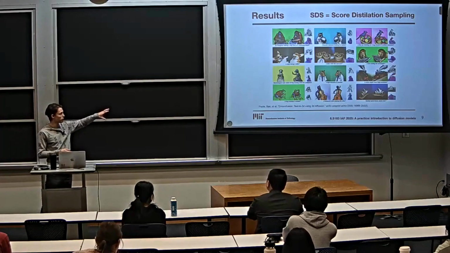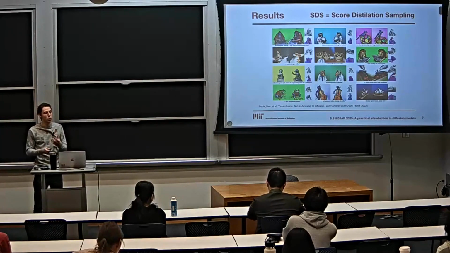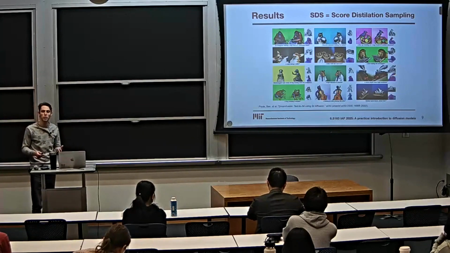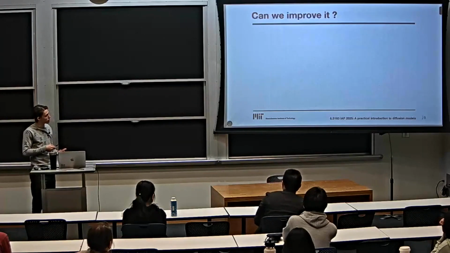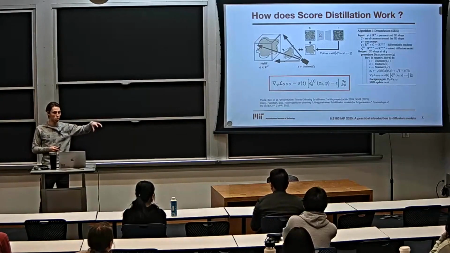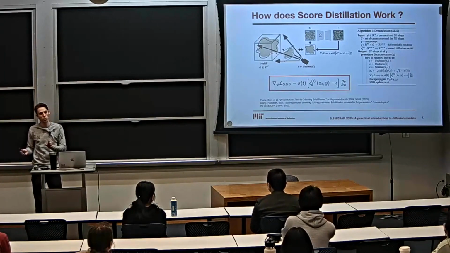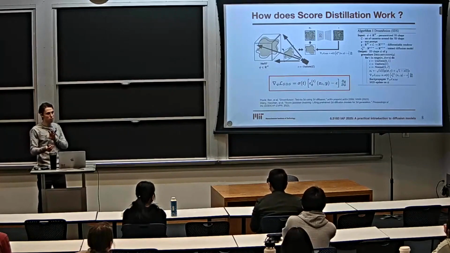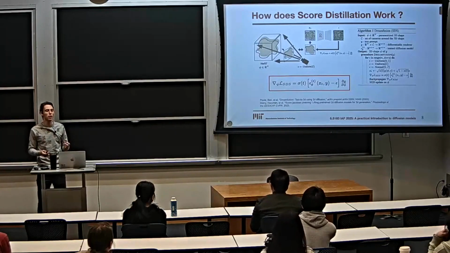All of a sudden you get a corgi in 3D where there is depth, you can rotate it, while there was not a single data point that is view consistent or 3D, right? So I guess this is the most exciting part, that you take it from one domain, which is images, and you can use this image model to generate 3D shapes, which is a completely different domain. There are so many more complicated things you have to consider, but it still works somehow, right?